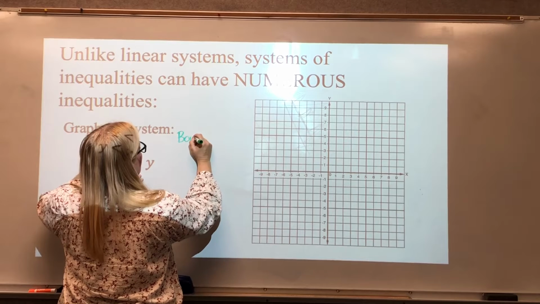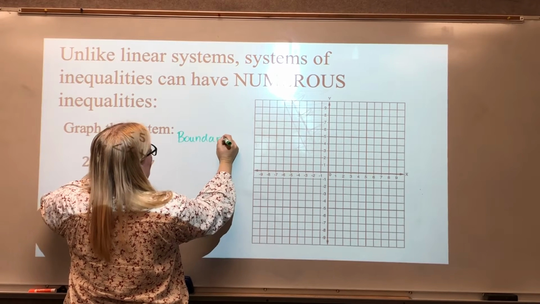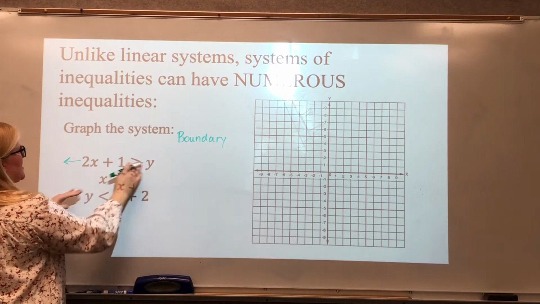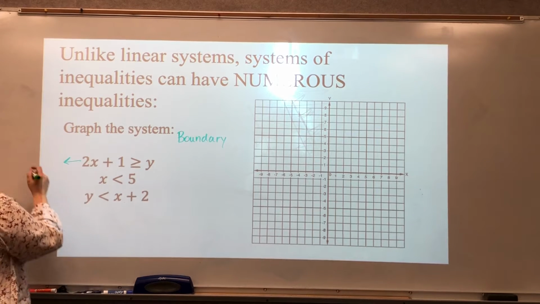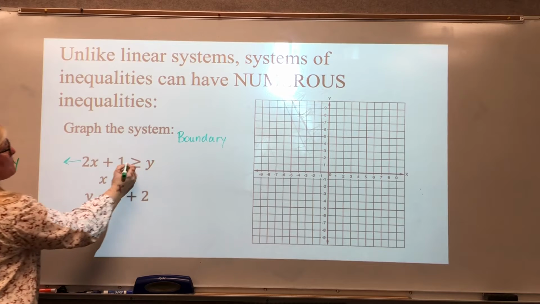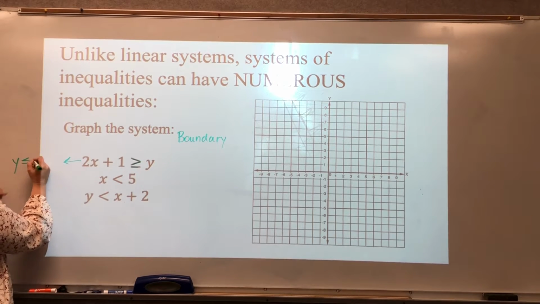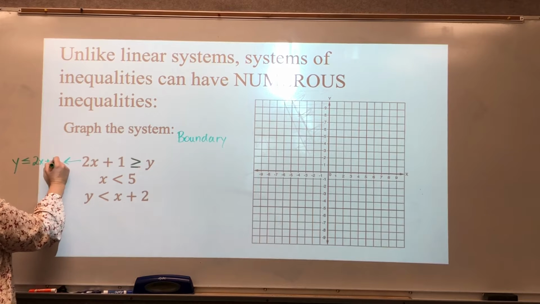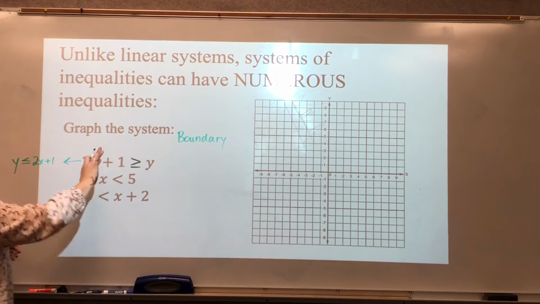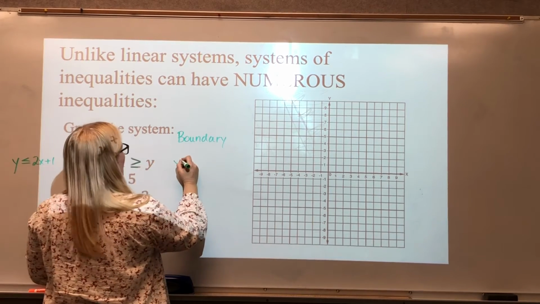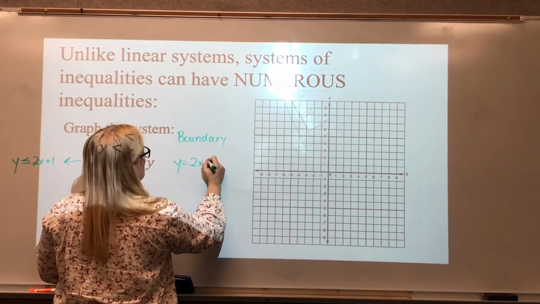Okay, so here's my boundary line. Actually, what I might do first is get the y by itself. And to do that, I have y, it's pointing to the y. So I'm going to have it still pointing to the y. And I have 2x plus 1. So all I did was trade places and flip the sign. And it's in slope-intercept form. So y equals 2x plus 1.